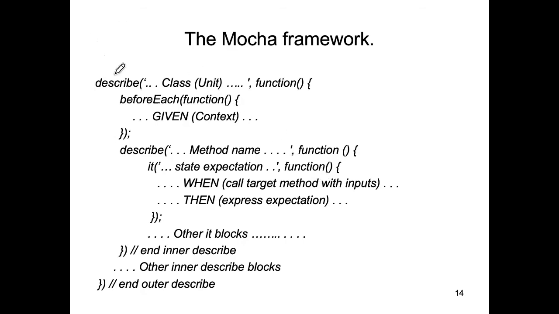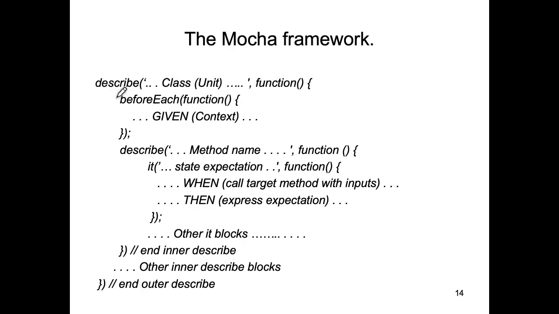So here's a describe block. It's really just a function that takes 2 arguments. The first argument is a string, and inside that string, you express the nature of whatever target you are testing, supposing it's a class name. The second argument is a function.